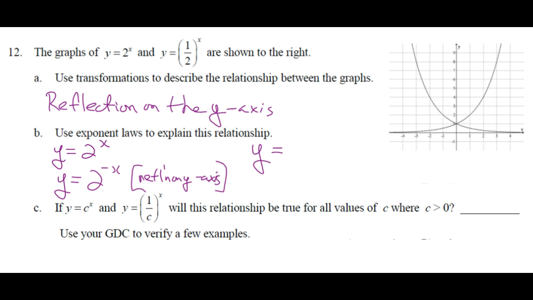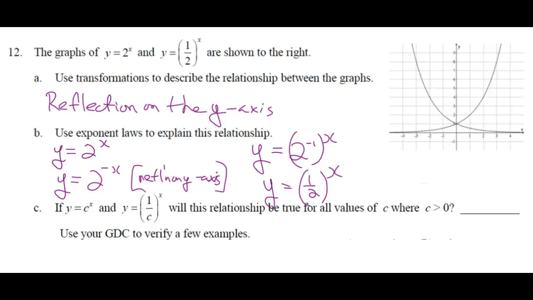But you could write that as y is equal to 2 to the negative 1, to the x. Right, we're just splitting the negative up. Negative 1 up. What's 2 to the negative 1? 1/2. So 2 to the negative x is the same as y equals 1/2 to the x. And 2 to the negative x is a reflection in the y-axis of 2 to the x. Okay? And then vice versa.